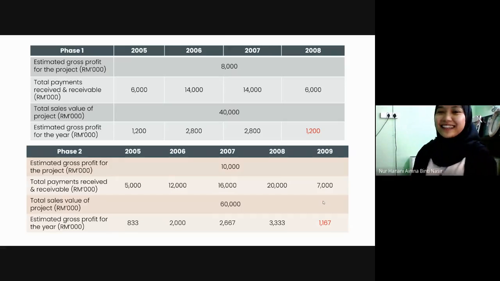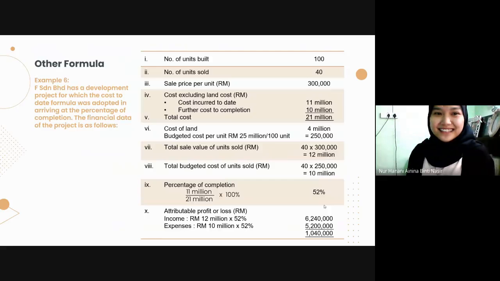Next, we can also use the other formula, which is the percentage of completion method. This example provides the number of units built, number of units sold, sales price per unit, total cost excluding land cost, cost of land, budgeted cost per unit, total sale value of units sold, total budgeted cost of units sold and percentage of completion.